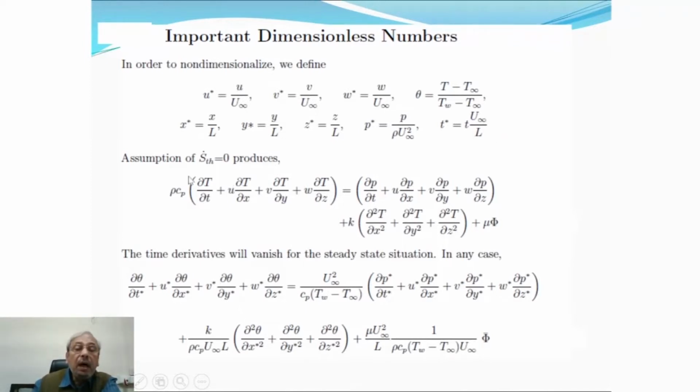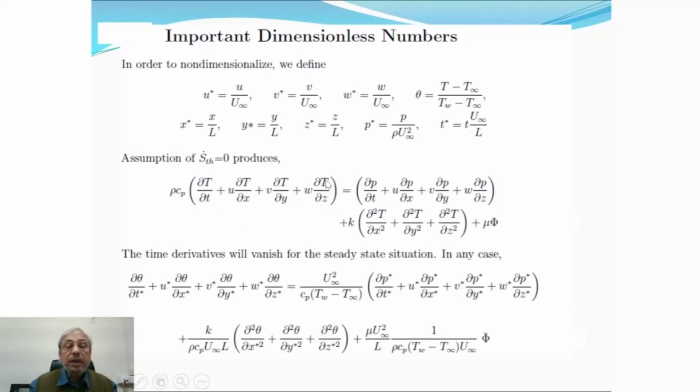Now, in the governing equation, we keep substituting T by theta, u by u star, v by v star, w by w star, x, y, z by x star, y star, z star, time by T star, pressure by P star, and so on. Then we try to retain non-dimensional quantities inside the bracket and pull out other terms outside.